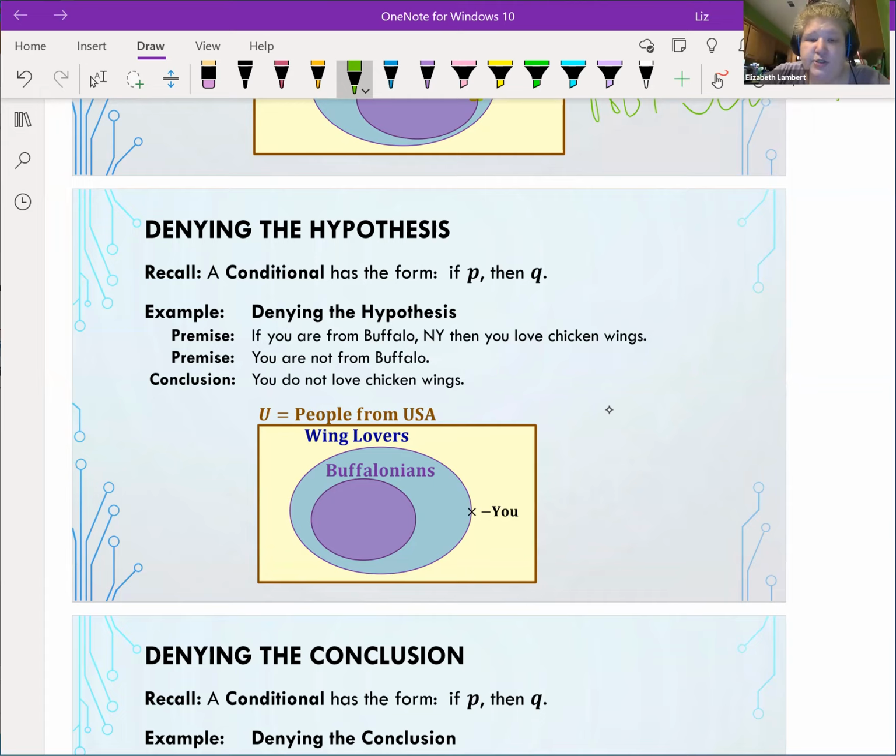Then our conclusion: you do not love chicken wings. So we have if P then Q, and then you are not from Buffalo is not P, the negation of P, and the conclusion you do not love chicken wings. We don't know, so we put you on the line. So this is, again, not valid, so not sound.